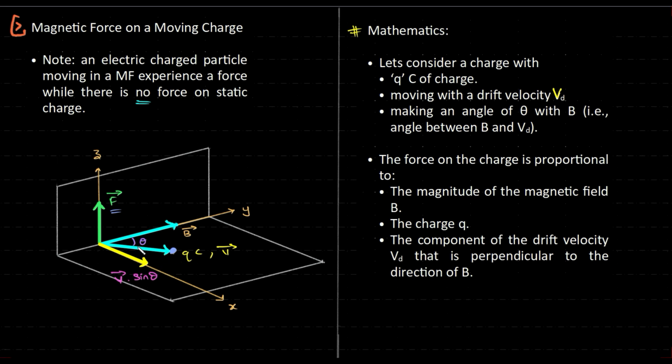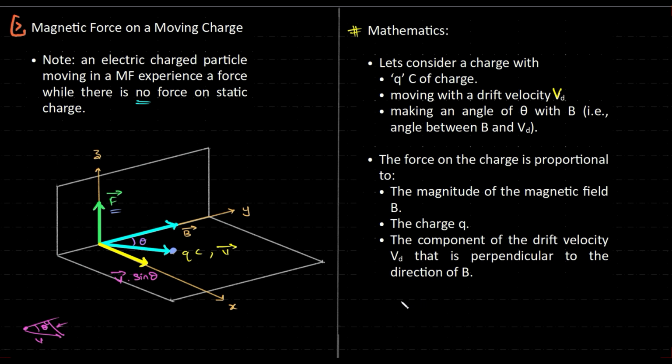Take a line, this is V and this is theta, drop a perpendicular, this is 90 degrees. So this is the opposite side and this is the hypotenuse. So this has to be V sine theta. So the component of the drift velocity Vd that is perpendicular to the direction of B is V sine theta.